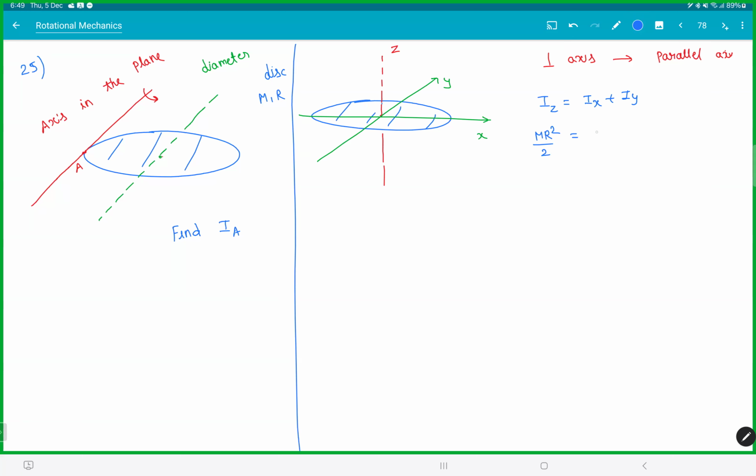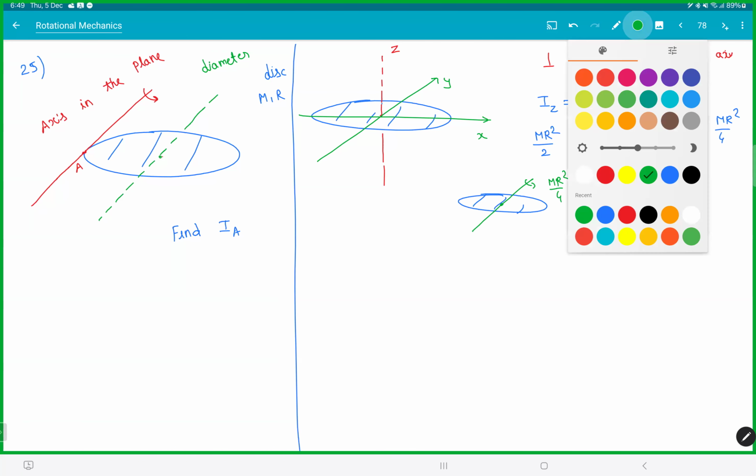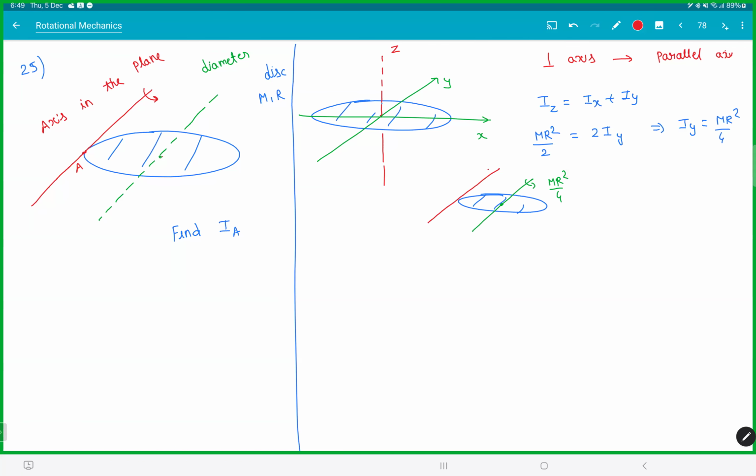Mr square by 2 is 2 times Iy. Iy is Mr square by 4. Then I know this, Mr square by 4. And we want to find about this axis, about A. This distance was R. So Ia will be Mr square by 4 plus Mr square. This was 5 Mr square by 4.